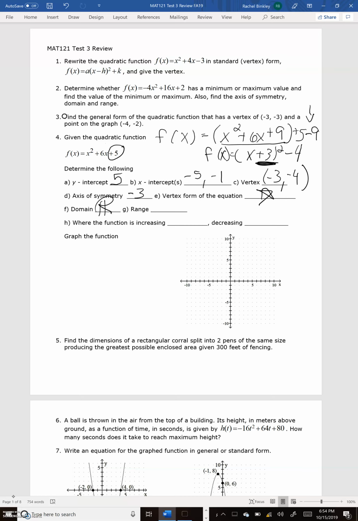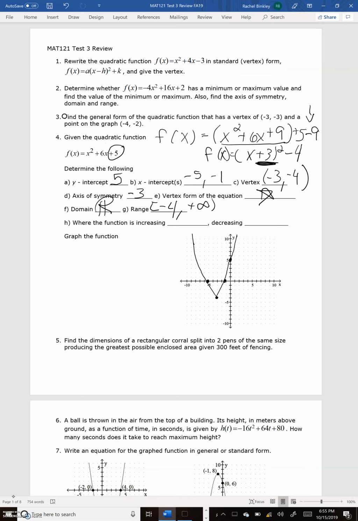If my vertex is negative 3, negative 4, and my x-intercepts are negative 5 and negative 1, and my y-intercept is positive 5, it's a positive function, something like this, right? And so my range, the smallest number my y value can ever be is negative 4. So my range is going to be negative 4 to positive infinity.